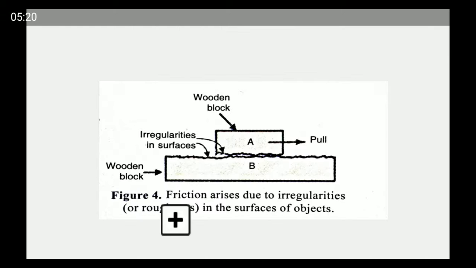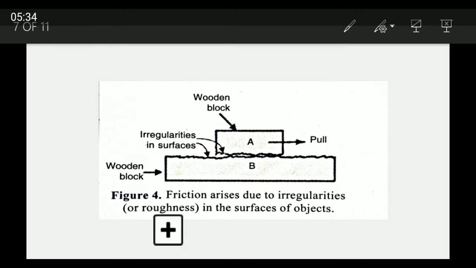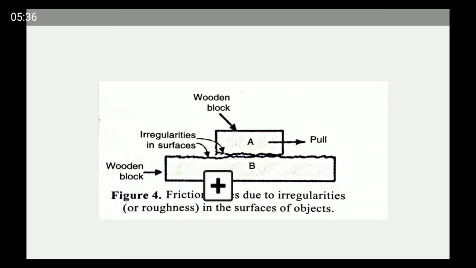Next, you can see friction arises due to the irregularities or roughness in the surfaces of objects. This shows the irregularities or roughness between the contact surfaces.